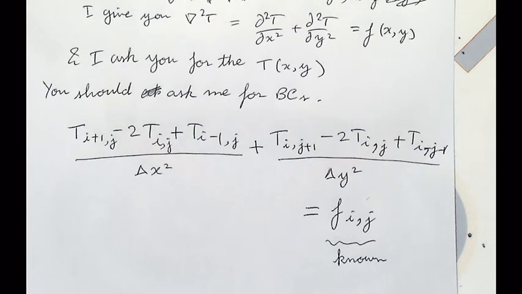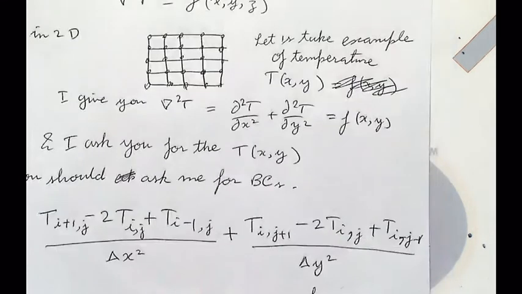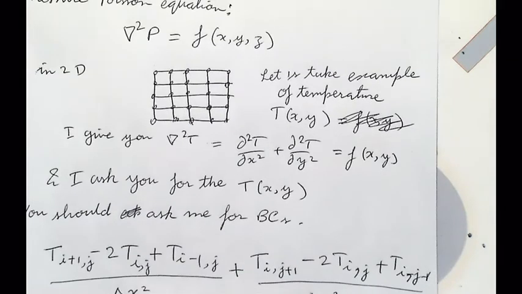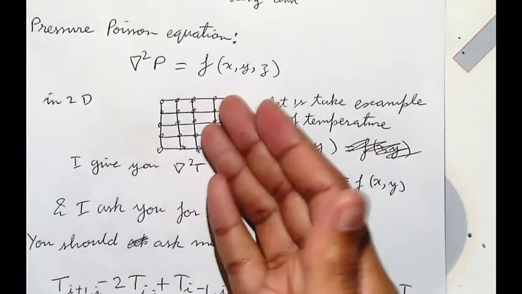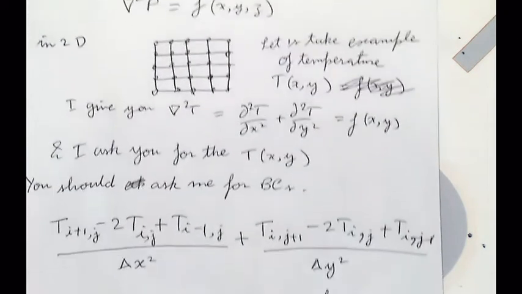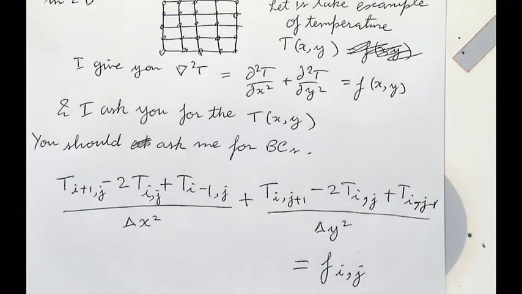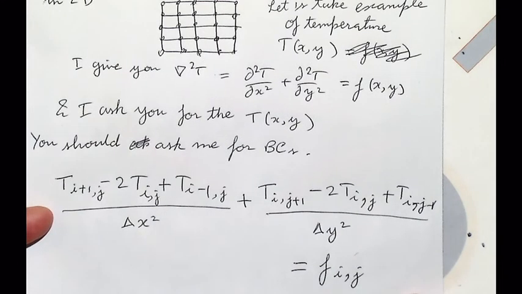Yeah, exactly. So what he's saying is, I don't know what the solution is, so let me start with an assumed distribution for T in this plane. And I know the T should satisfy this equation.